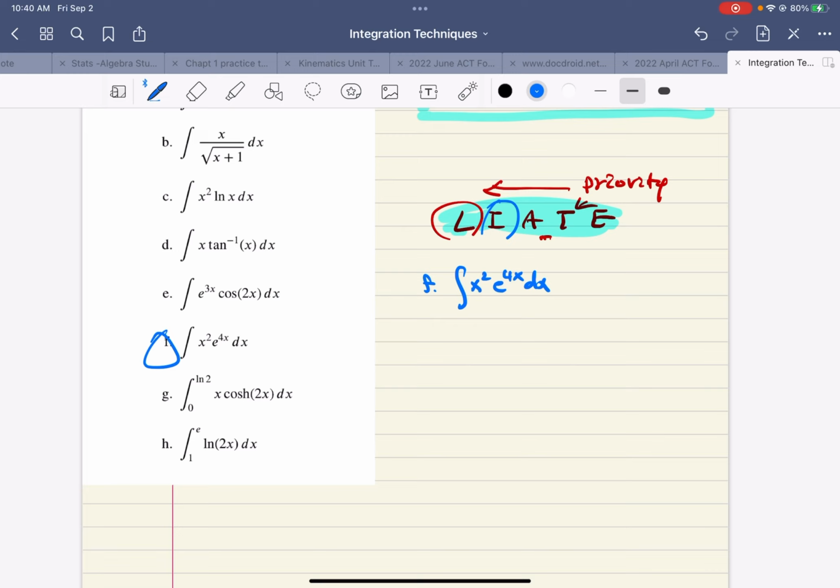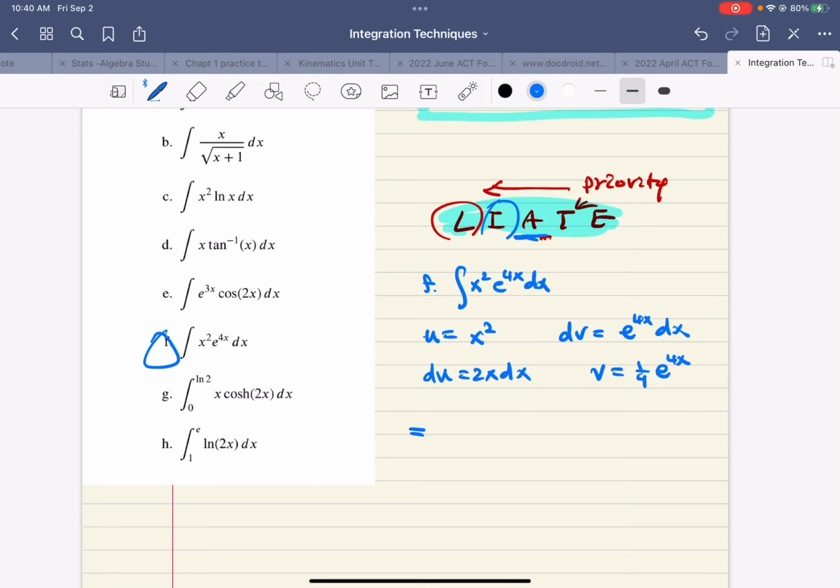Of course x squared has priority because of arithmetic. So u equals x squared, dv equals e to the 4x dx. Integration by parts: du equals 2x dx, and v equals 1/4 e to the 4x.